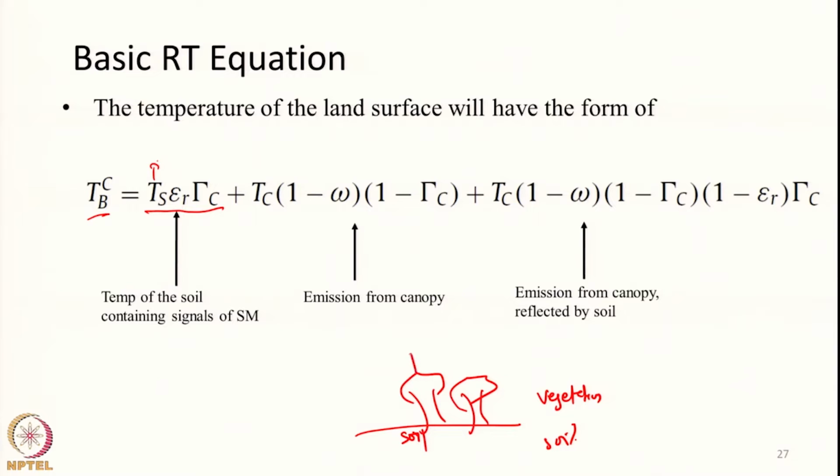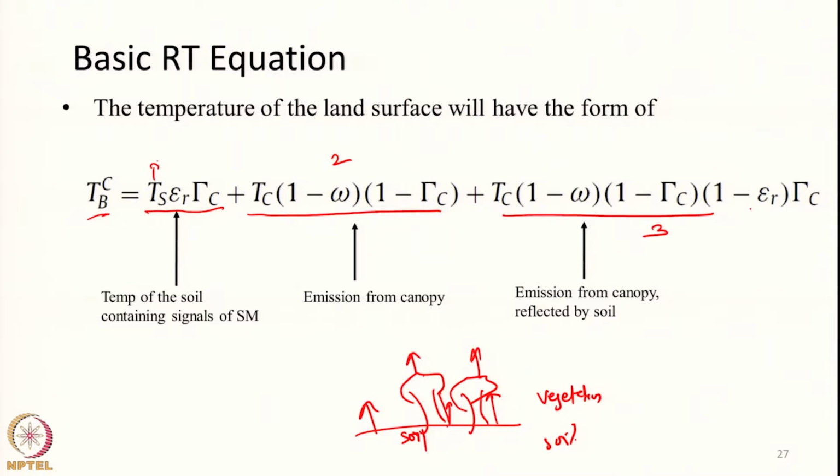It is attenuated by the canopy, since it has to pass through the canopy if something is present. The second is the direct emission from the canopy, because the canopy also has its own temperature. The third is the emission from the canopy in the downward direction, reflected by the soil.